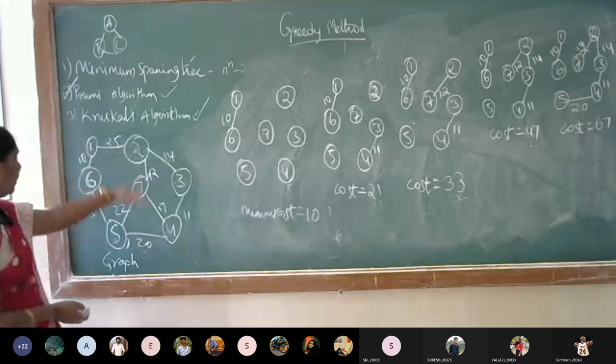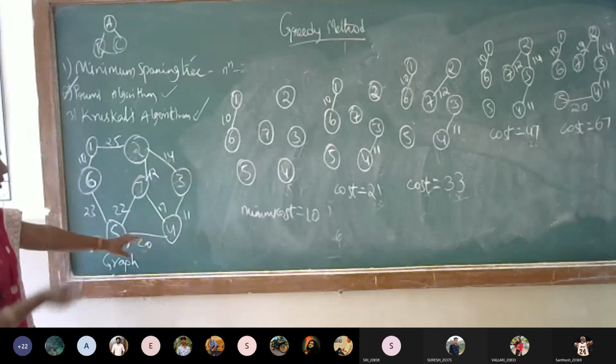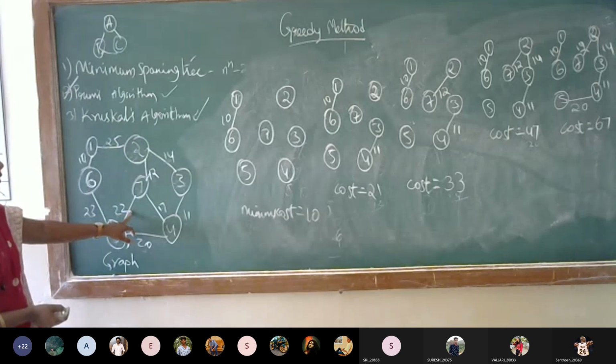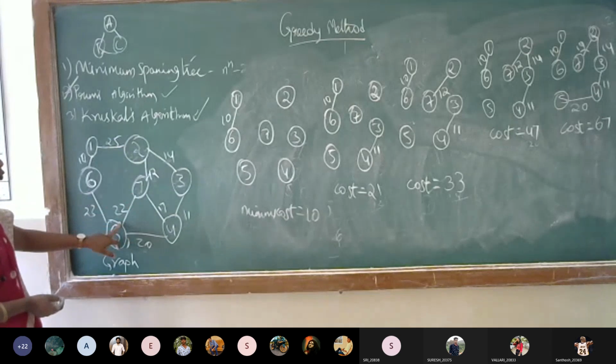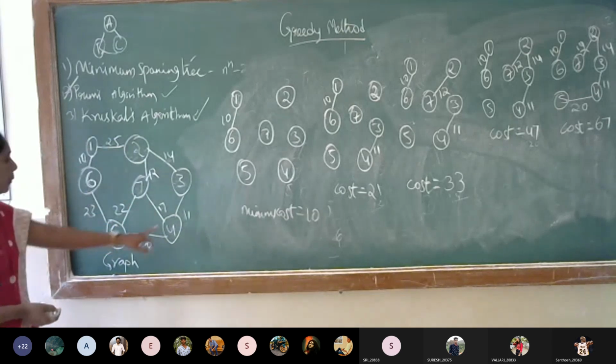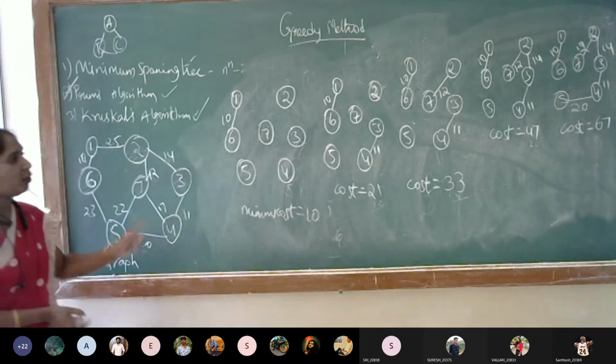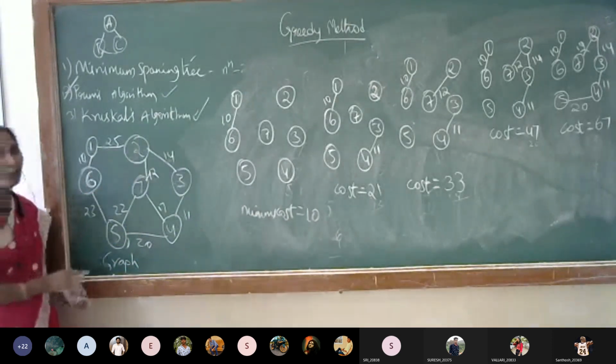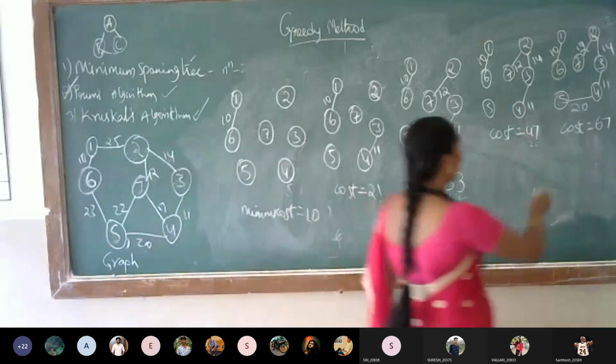Okay, so next minimum cost what I am having? The next minimum cost I am having is 22. Okay, so whenever I am specifying 22 here, the graph won't be a connected graph. It will be specified as an unconnected graph.